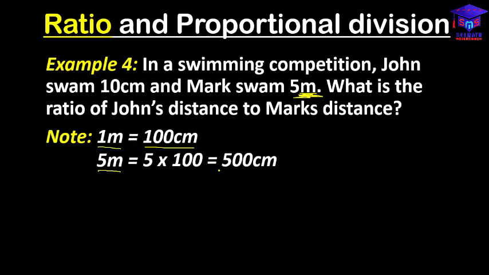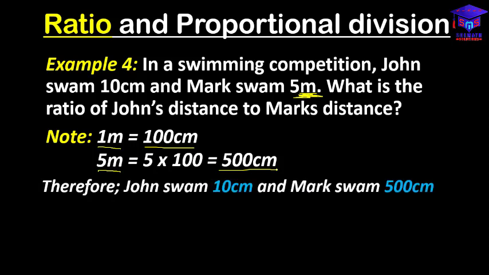Alright, and so now we can write that John swam 10 centimeters, as we were given in the question over here. John swam 10 centimeters and Mark swam 500 centimeters. In fact, we were given in the question that Mark swam 5 meters, but 5 meters in centimeters is what? 500 centimeters.